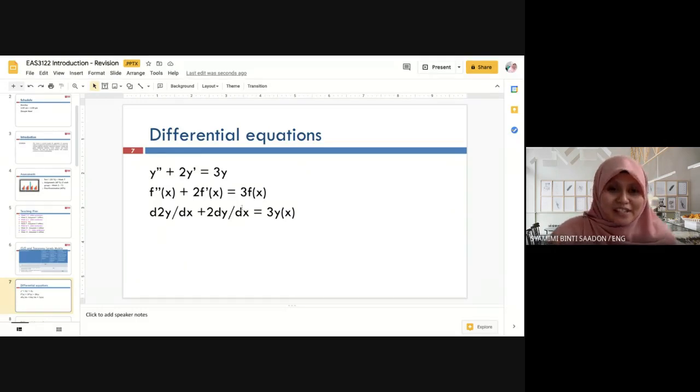When we write this type of differential equation, what do we expect as the answer? When we have this type of question and we are asked to solve this differential equation, what do we expect in terms of an answer? In which form? You can open your mic.